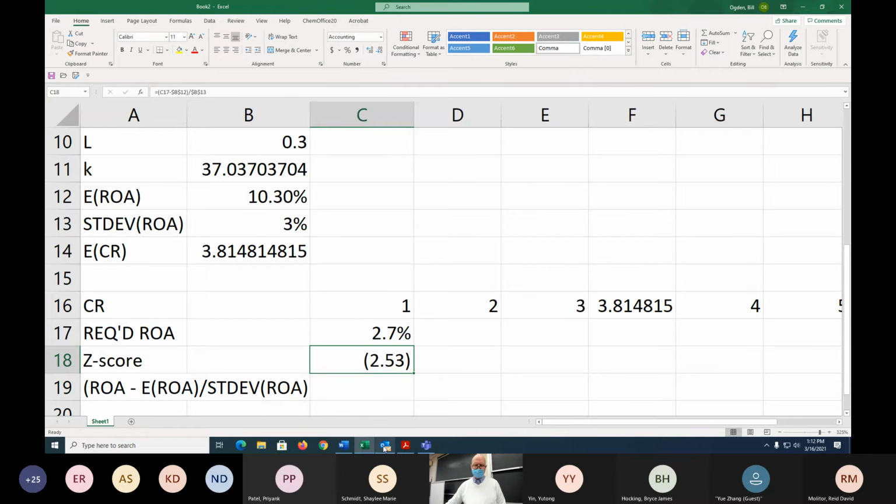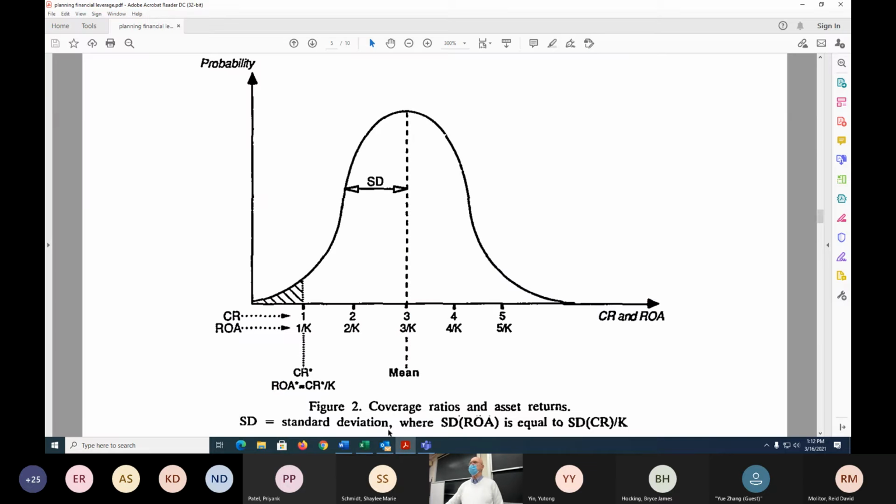Let's go back here for a moment. If you get a negative z-score, it means going left from the mean. If you get a positive z-score, that means going to the right from the mean. So we're getting a negative score, so we're going to go this way, 2.53 standard deviations.